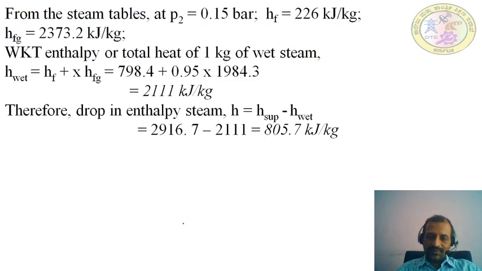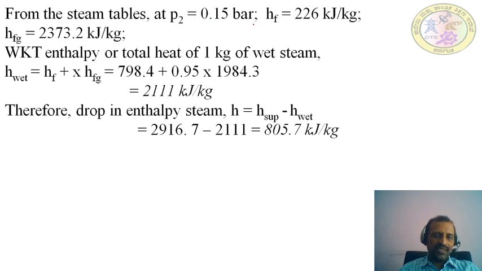Now next, again refer to the steam tables at pressure P2. When the pressure drops from 12 bar to 0.15 bar, it is going to lose some amount of heat. So now you refer to the steam table again for a pressure of 0.15 bar. Go to page number 7.